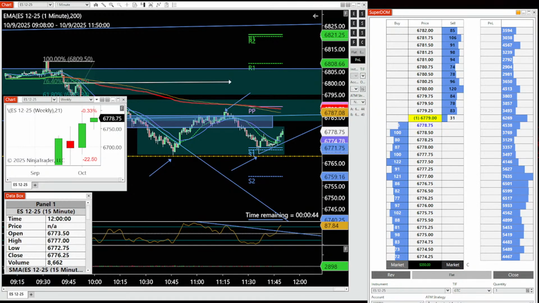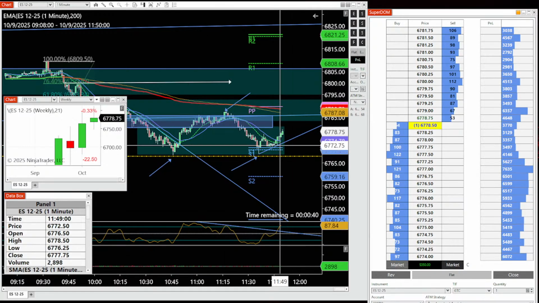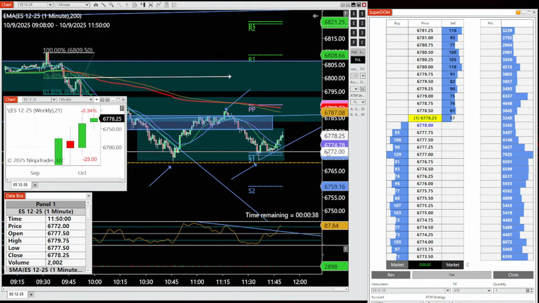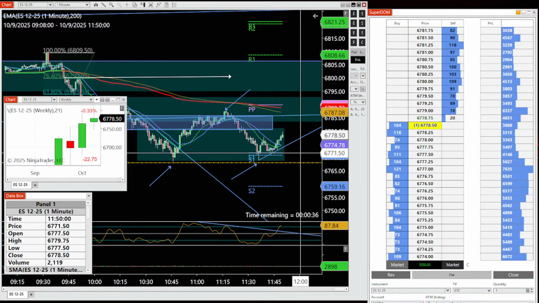Looks like it wants to go from the bottom. Bounced off the support here. Held 71.